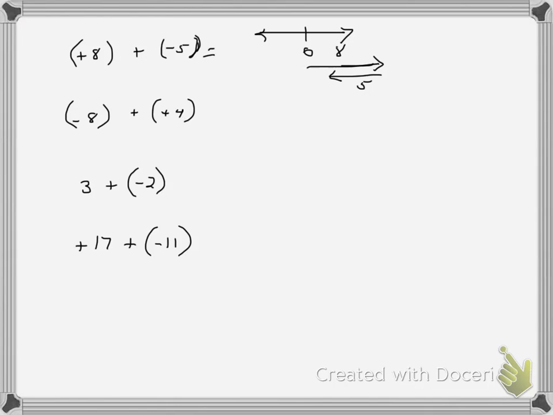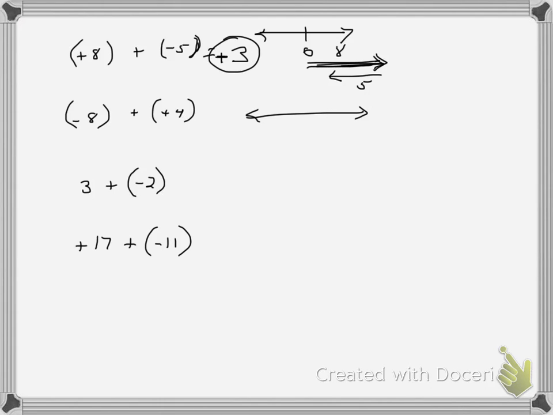And so I would have 3, and would it be a positive 3 or a negative 3? It would be a positive 3 because I end up to the right of 0. Now why would I know that it's a positive 3? Because I'm going in this direction more than I'm going in this direction. You see that? Let's do another one.